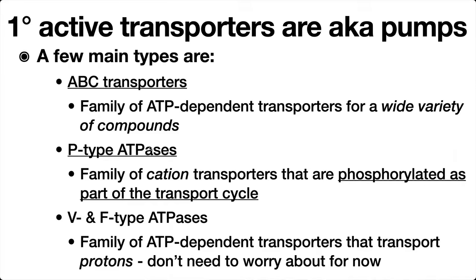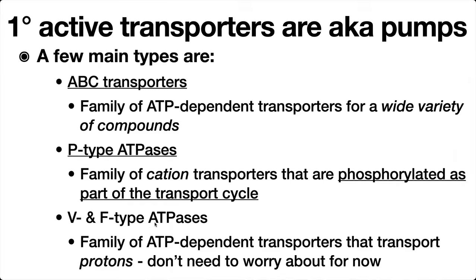Whereas P-type ATPases involve phosphorylation of the transporter. So here you're just hydrolyzing ATP, versus with P-type ATPases, you're phosphorylating the transporter, and P-type ATPases are going to be transporting cations. And then you have V and F-type ATPases that are ATP-dependent transporters that transport protons.